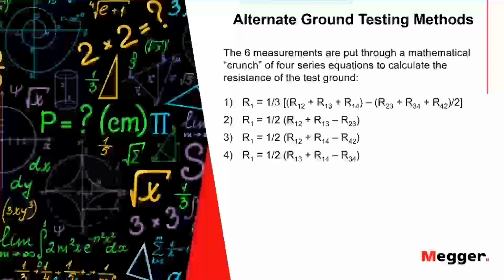And what we're going to see here is if number 1 is well in agreement with the other 3, then that's a very strong confidence factor that your test setup and your test results are reliable. And what you want to see here is a reasonable agreement between these 4 calculations.